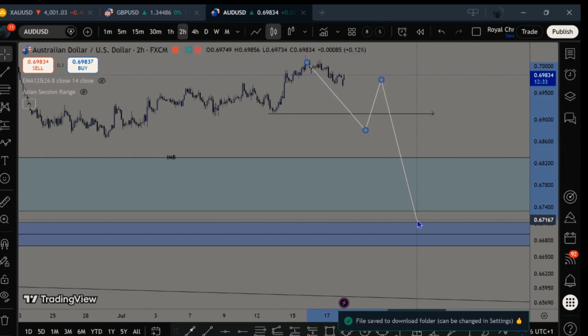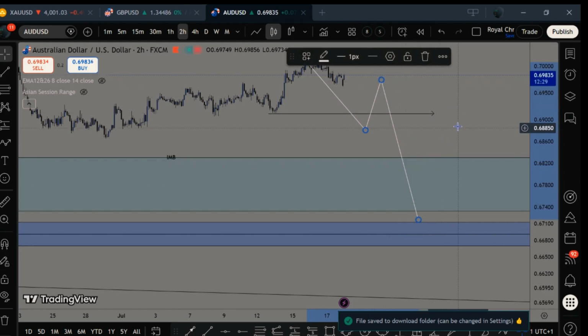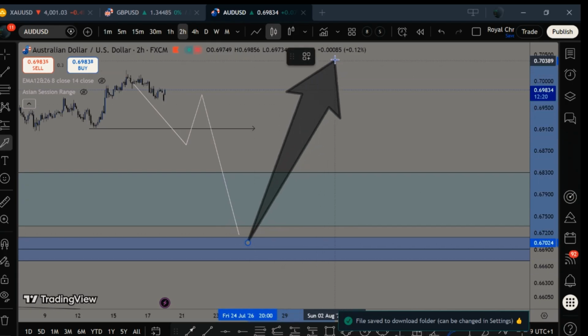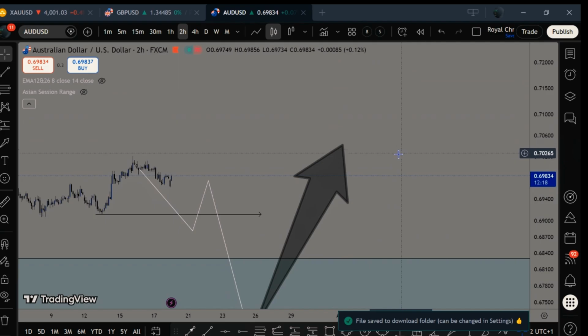So you sell to buy, and when price eventually comes down to this demand zone, you just enter a buy or long position all the way to the top. Forex trading made easy.